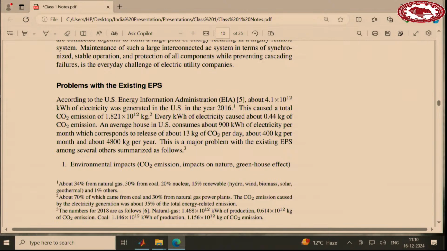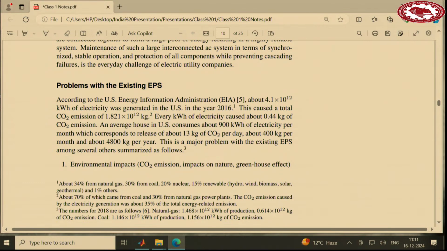Now just imagine an average house in the US consumes 900 kilowatt hours of energy per month, and then do the multiplication, you will realize that about 400 kilograms of CO2 is generated by every individual house per month. And then we are talking about 4.8 tons of CO2 per year generated by just one house.